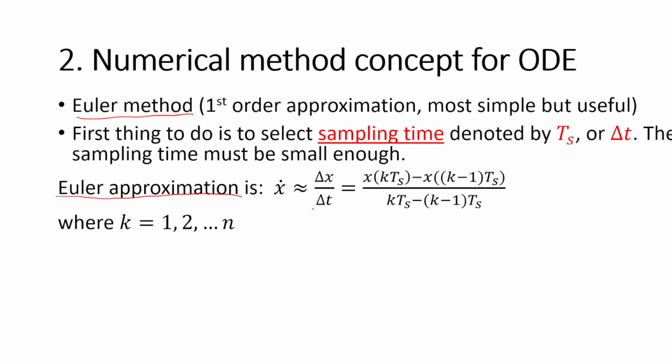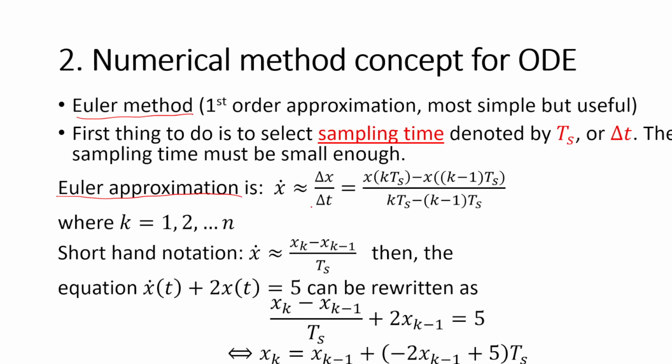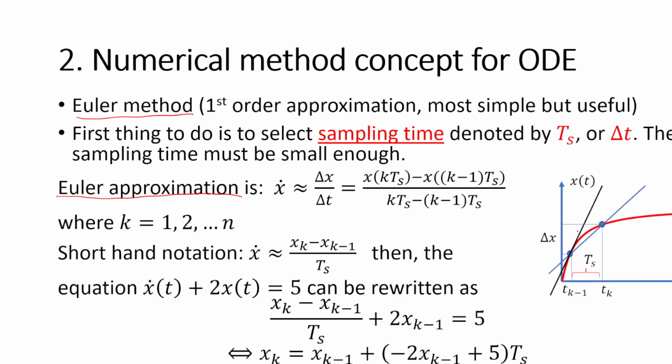These terms are equivalent. So why do we call it Euler approximation? First, look at here. Let's say the red curve here is the function h of t, and you pick the time tk minus 1 here and tk here. Then the derivative, which is the tangent at the curve like here, can be approximated by this line.